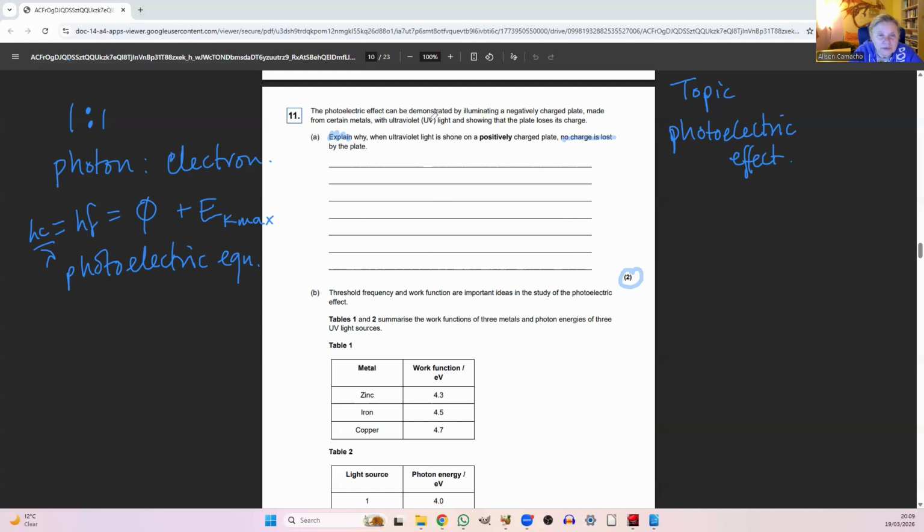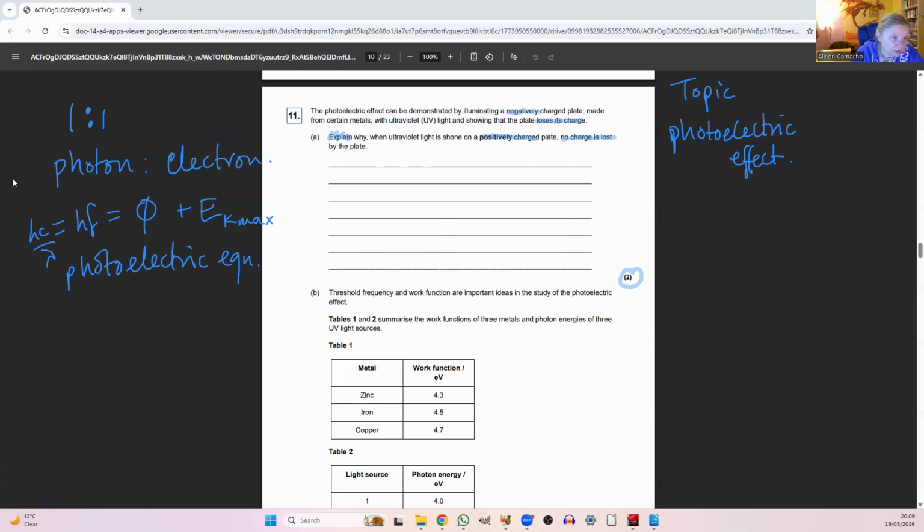Okay, there aren't any numbers in this question, so I'm going to highlight words which are like numbers or indicate numbers. So we've got negatively charged plate, and we've got this word loses. It's losing charge. Okay, when on a positively charged plate, no charge is lost.